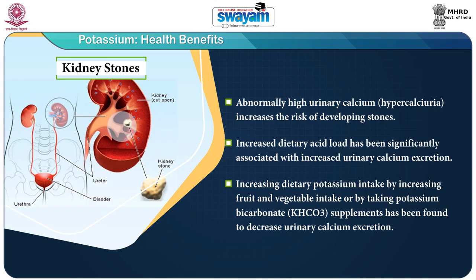Increasing dietary potassium intake by increasing fruit and vegetable intake or by taking potassium bicarbonate supplements has been found to decrease urinary calcium excretion and therefore have a protective role in the development of calcium stones in the kidney.